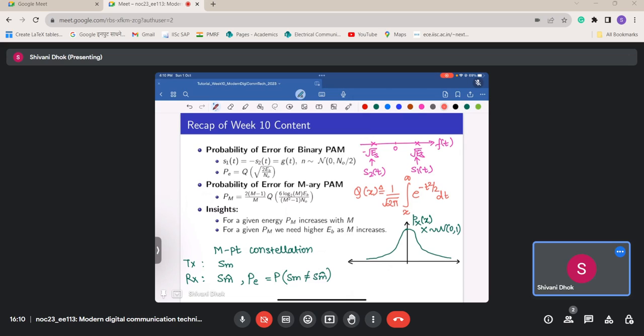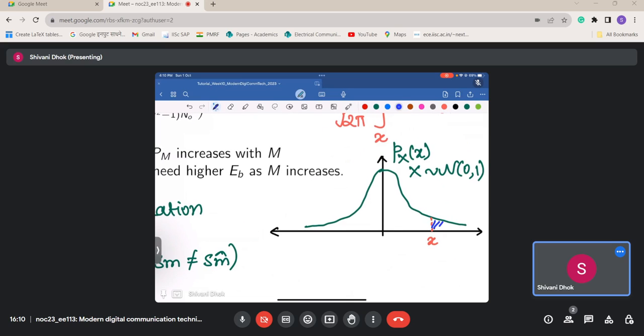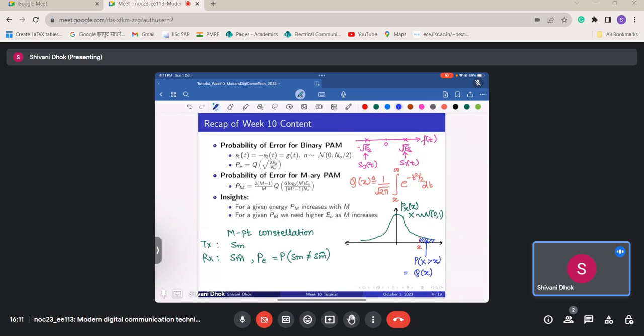If this point is x, then this region corresponds to the probability that X is greater than x, which is given by Q(x), and this is also referred to as the tail probability. This is just side information which might be useful in your upcoming courses.